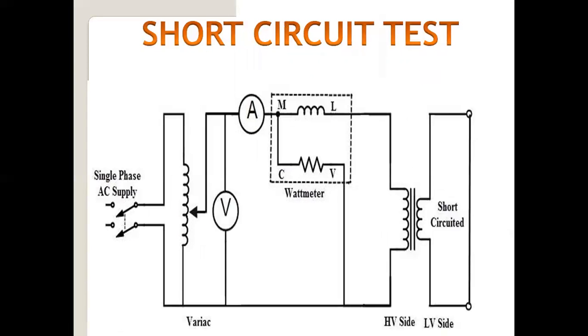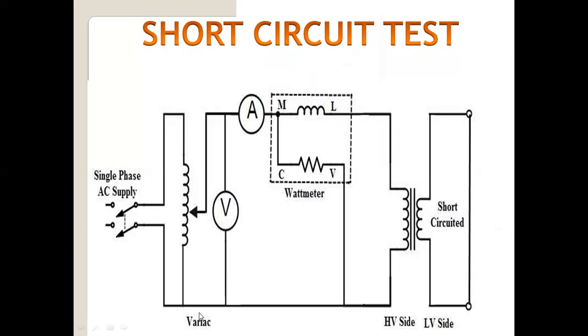Now the short circuit test. The another test is known as the short circuit test. It is clear that the short circuit test is performed on the high voltage side and the low voltage side is short circuited.